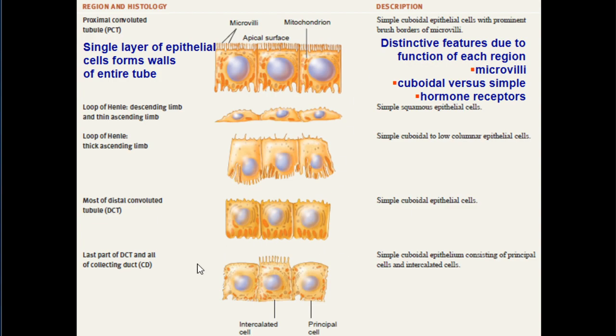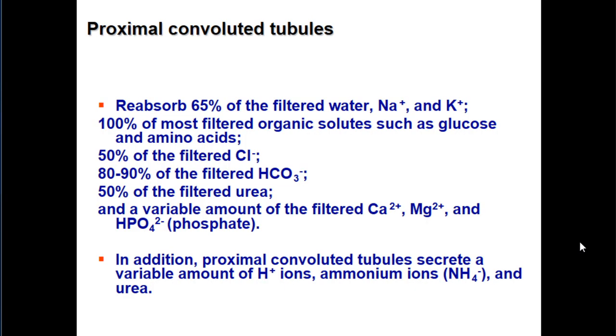And in DCT, you will have such cells as principal cells and intercalated cells. That's the site of hormone action, because these cells will have receptors, and that's what determines their function.